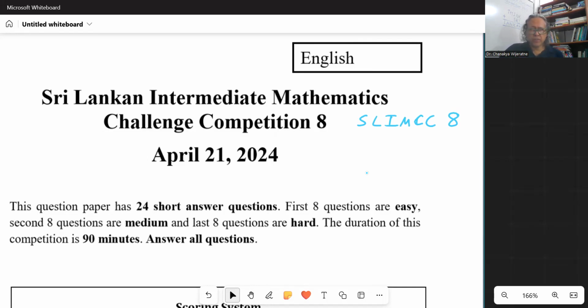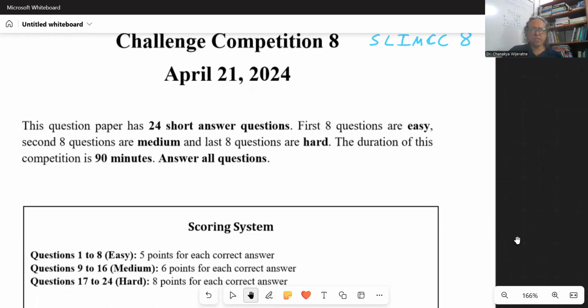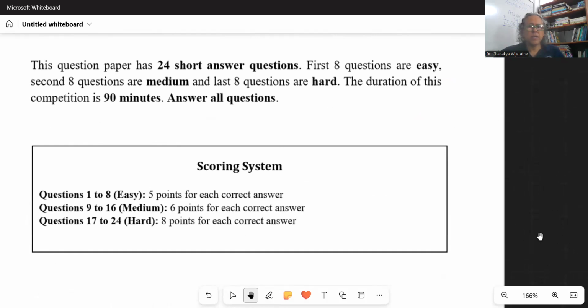Now the structure of this competition paper is that it has 24 short answer questions to be answered in 90 minutes, and the first 8 are easy, and each of these questions get 5 points, right?